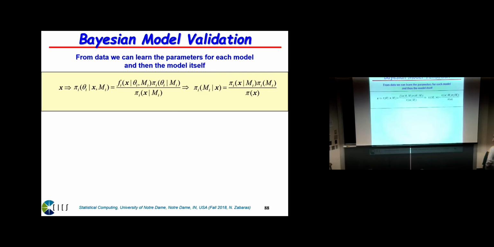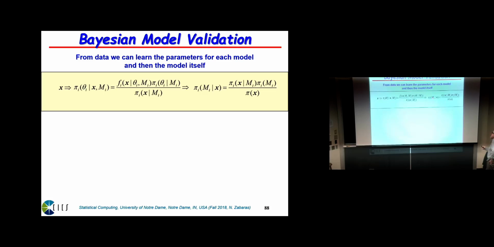All right, generally speaking, if we have models M_i, each model M_i has its own parameters theta_i. So you can write down the posterior for each set of parameters theta_i for the model M_i as the likelihood times the prior divided by the normalizing factor. And using this calculation, you can actually write a posterior over models.